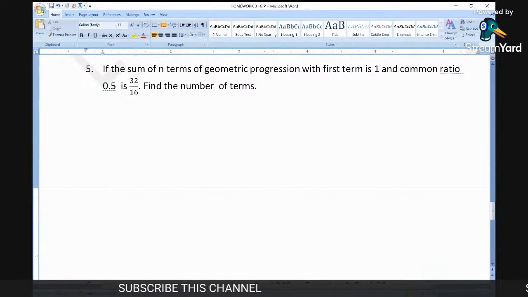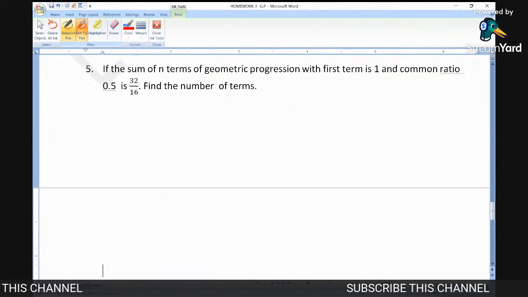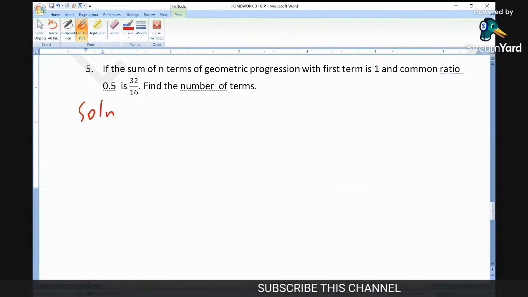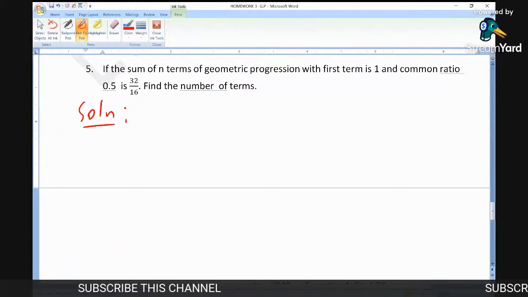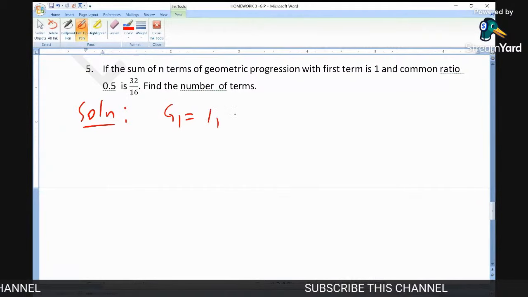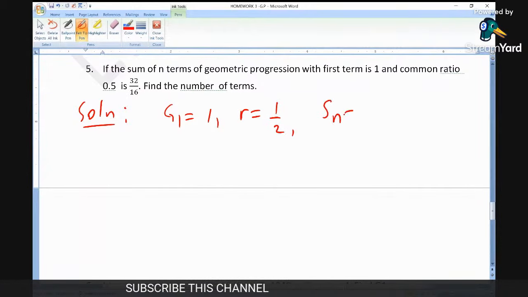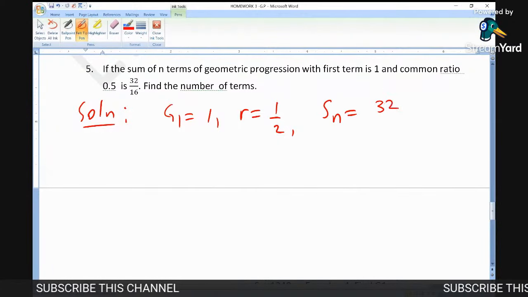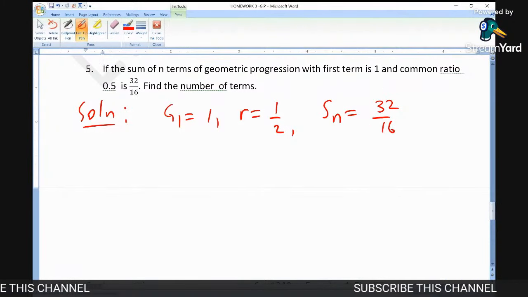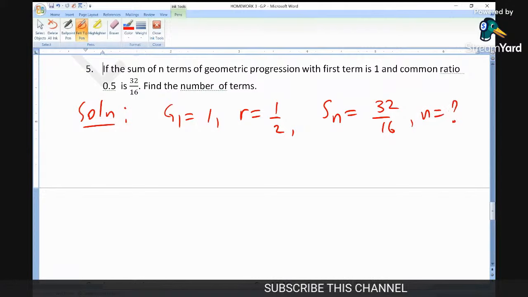We are supposed to find the number of terms, and here is the question again. We say solution. We were told that the sum of the first n terms of a geometric progression with first term G1 is 1, common ratio 0.5, and sum of the first n terms 32 over 16. So what is the value of n, the number of terms?